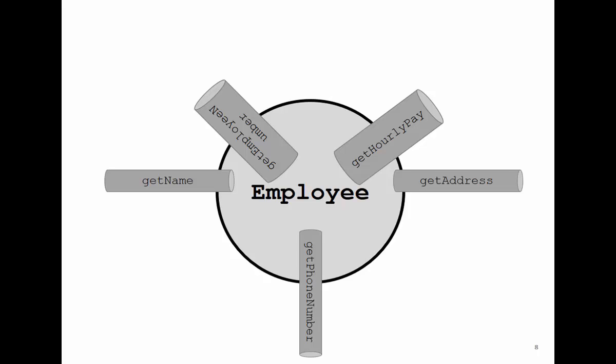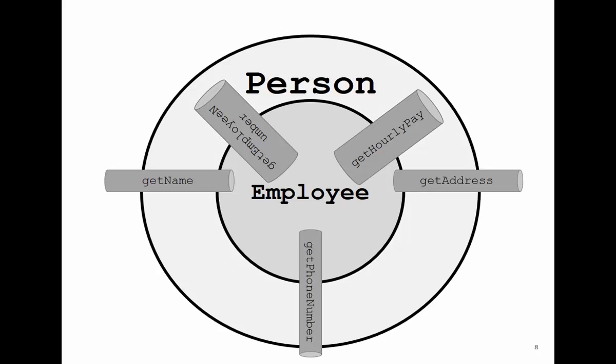Now, get address, get phone number, get name are actually defined on the person. So when you do the casting, I told you last time, imagine you take this object and put it inside a sphere or a shield, and now you can access it through only three methods. You restrict the access. I didn't change the employee. It still has get employee number and get hourly pay. It's there. I didn't change it.